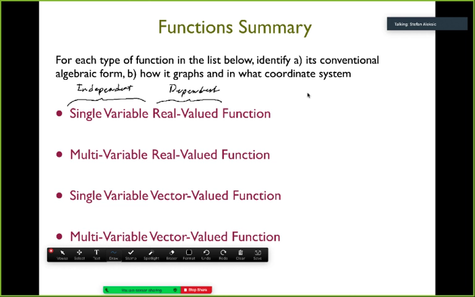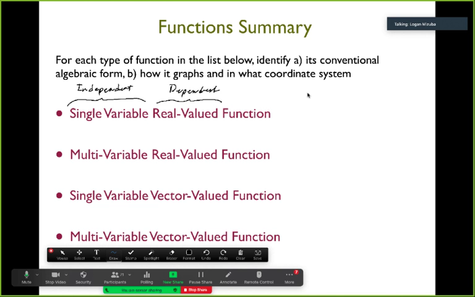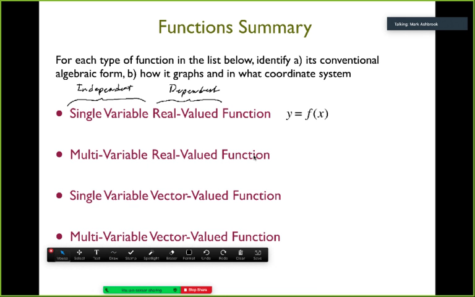Y equals mx plus b. Well, that would be if it was a line. But if it were any function, the typical convention is to say f of x. So y, the real value, is a function of x, the independent variable.